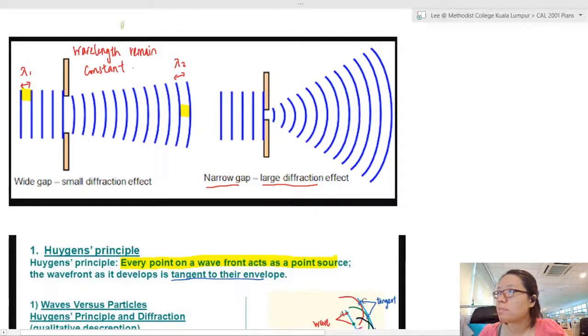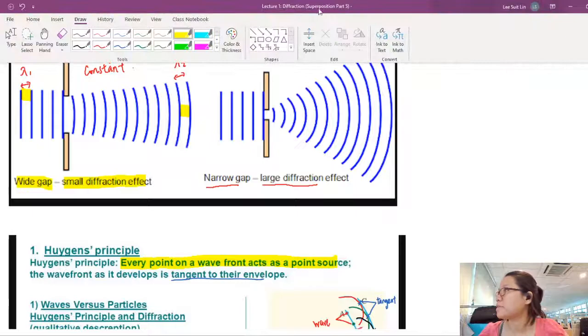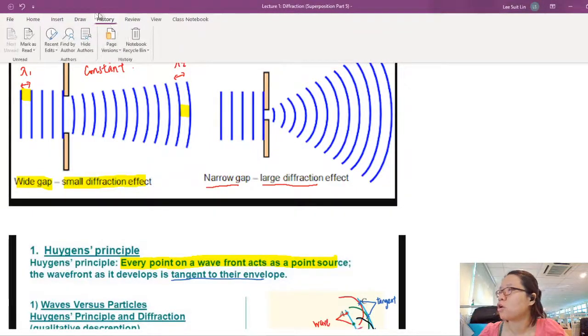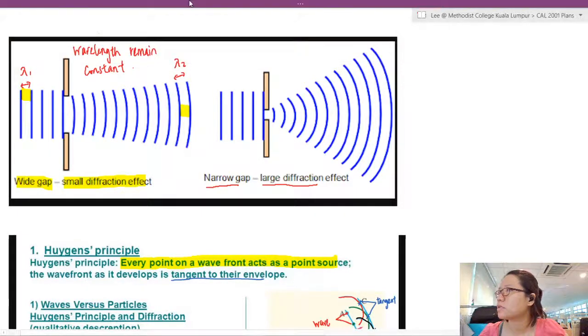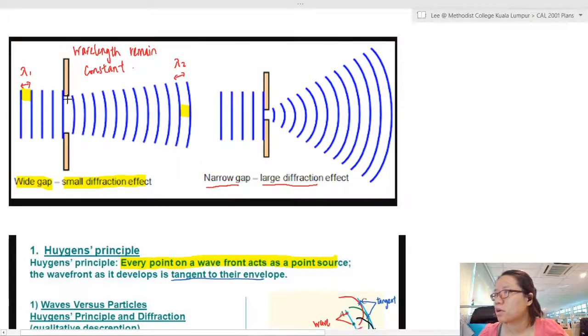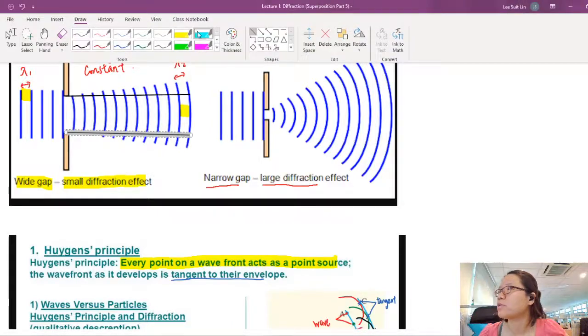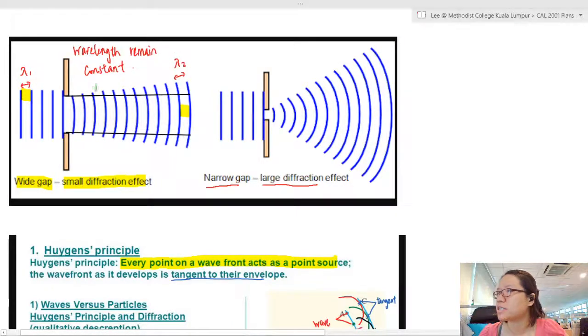But when we say smaller diffraction effect when there's a wide gap, what I mean by this is, if you were to draw a line from the gap like this, as horizontal as possible, you will notice that there's some spreading of the wave, but the spreading is just this part.